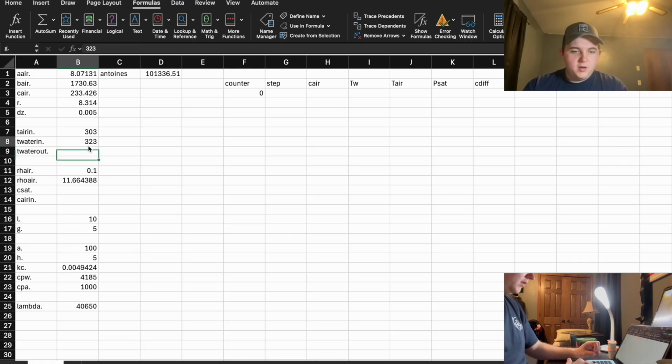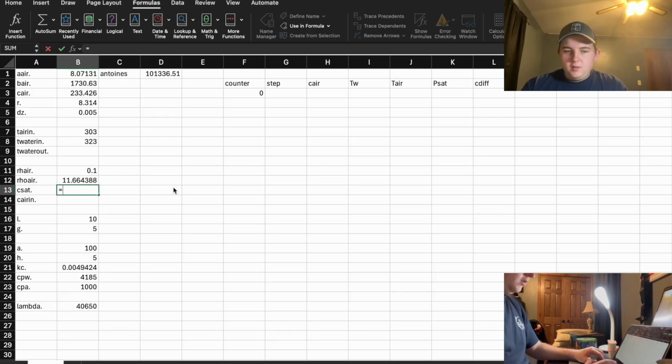So we got T water out, CSAT and C air in. So let's just do CSAT first. So that's going to be equal to 10 to the, this is just kind of in tones, but not really.